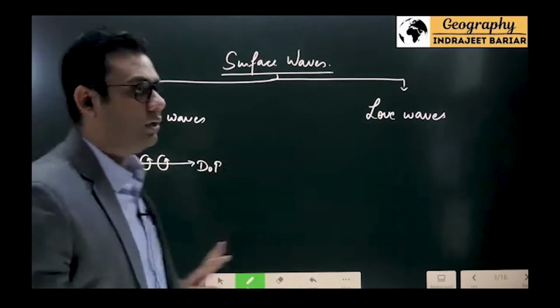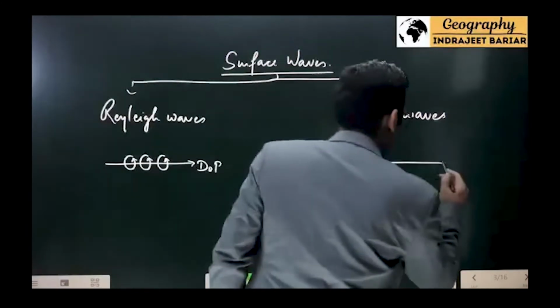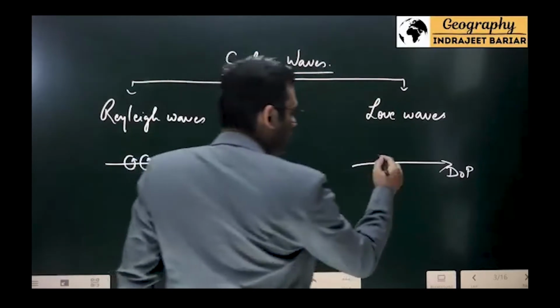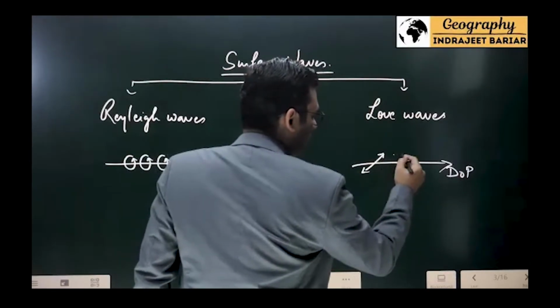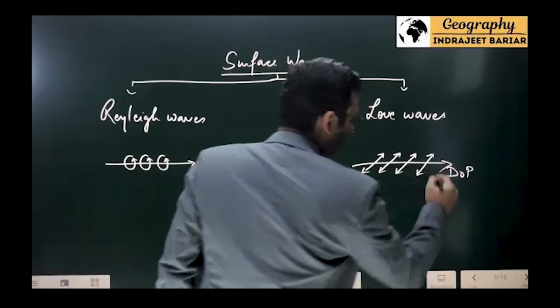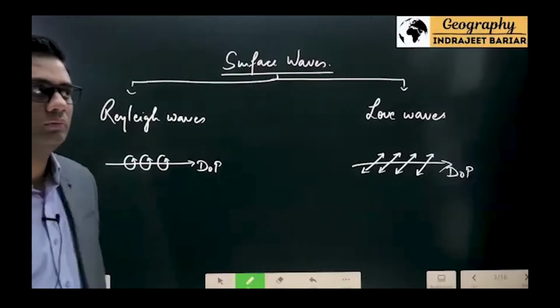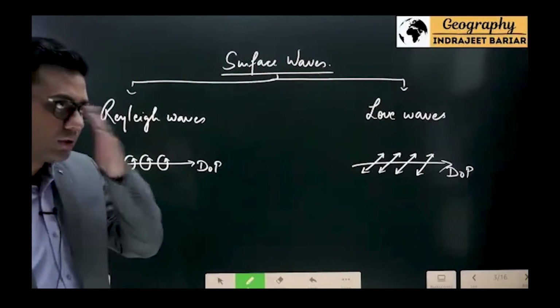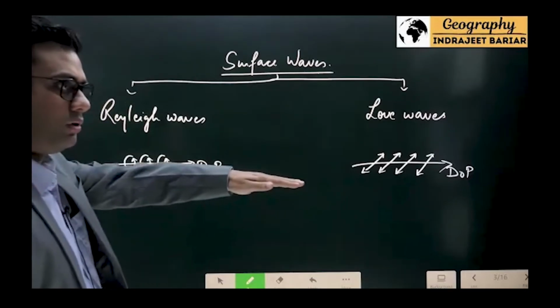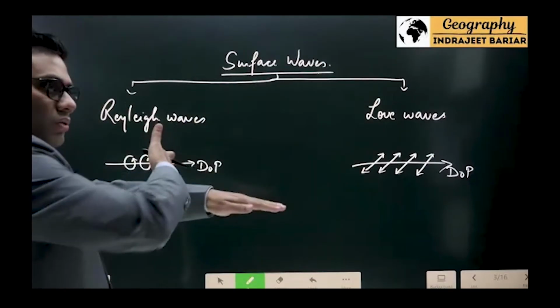That is Rayleigh waves. On the other hand, Love waves. In Love waves, the direction of propagation is this. So the vibration is taking place like this. Now look, this is the direction of propagation. Now the particles are going to vibrate like this.